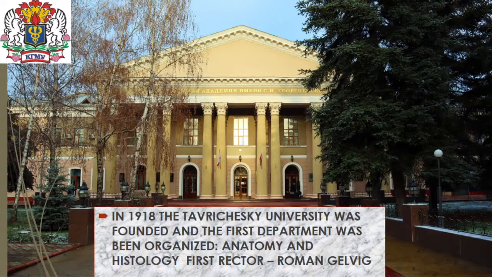The medical academy is a part of the Tavritsky University, which is named Crimea Federal University. The Tavritsky University was founded in 1918, and the first department organized in the medical academy, at that time in the university, was the anatomy department, and the second was the histology department.